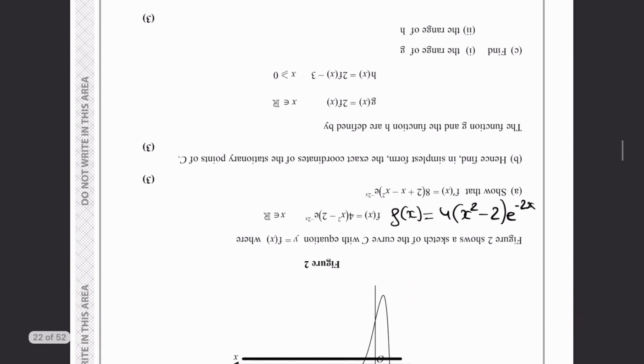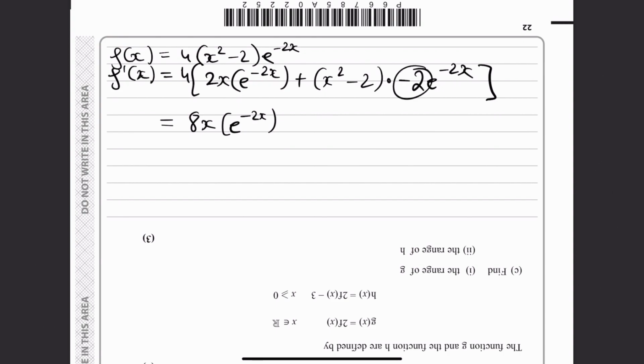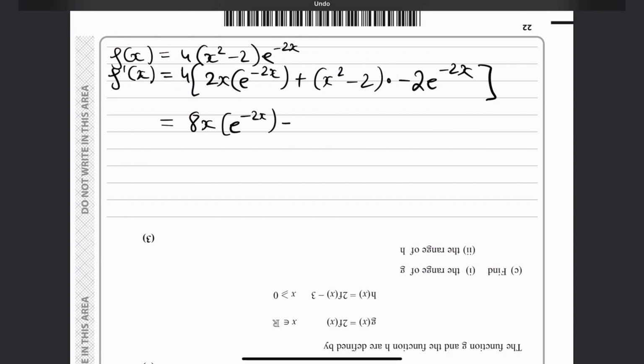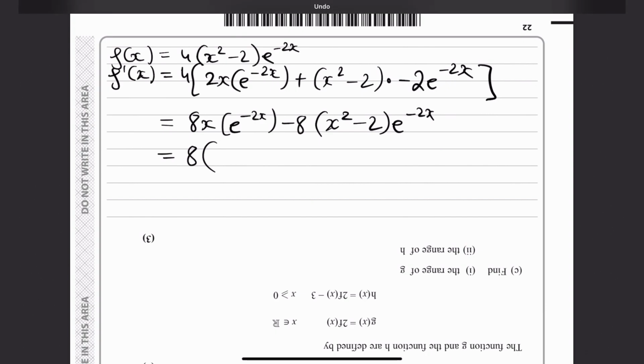What does it actually want me to show though? That it's equal to 8 something e to the minus 2x. So it wants me to take out a factor of 8. So I'll just do that once I've expanded this out. So you've got the minus 2, you've got the 4. So I'll just move all that to this side, minus 8 times x squared minus 2, e to the minus 2x. And then you should be able to see that I can factor out an 8 on this side and an e to the minus 2x on the other side.